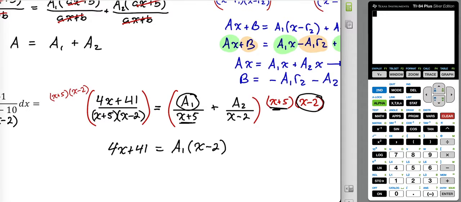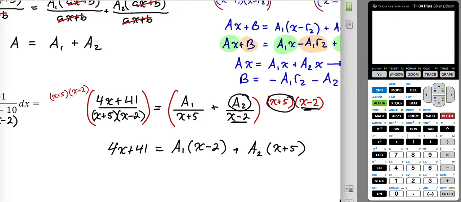When I multiply that by the a2 over x minus 2, everything gets reversed. Right? So the x minus 2's will cancel, leaving me with just the x plus 5 multiplied by a2. I'll get it right eventually. A sub 2. All right, so I got an x plus 5 here.